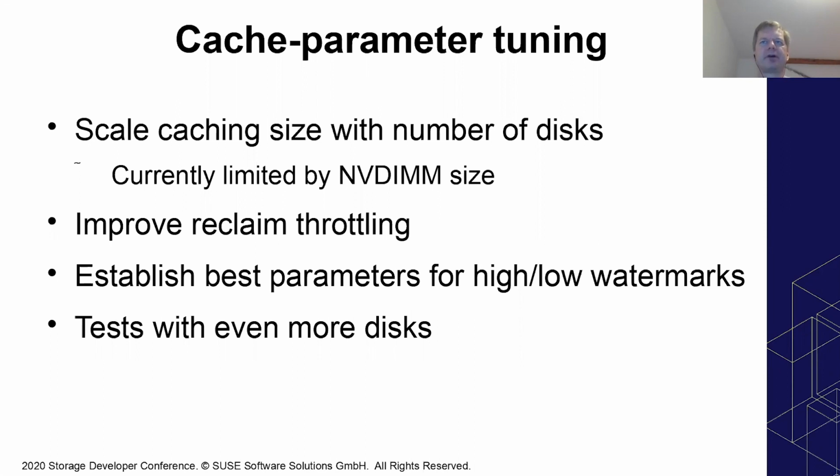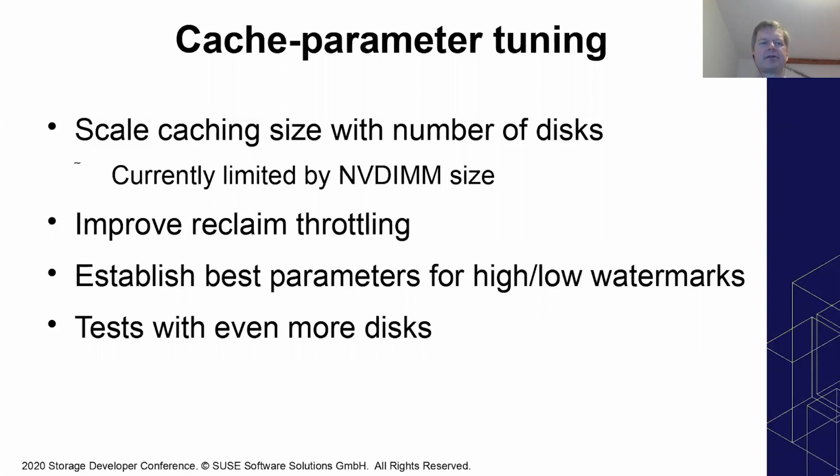So these parameters clearly would need to be investigated and tested to see if and how effective they are, and one would need to do some tests to establish the best parameters there. The other area is that the cache size was being kept constant throughout all these tests, so the cache size itself has not been increased with the number of disks.